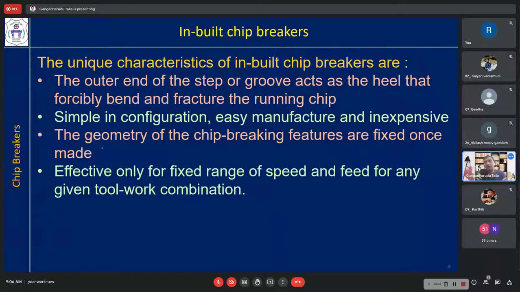If you are attaching different chip breakers based on requirement, you can vary the width and height, and you can change from parallel to parallel with curve, or change to positive angle and negative angle chip breakers. That option is there if you are attaching them separately. Here that will not be there.